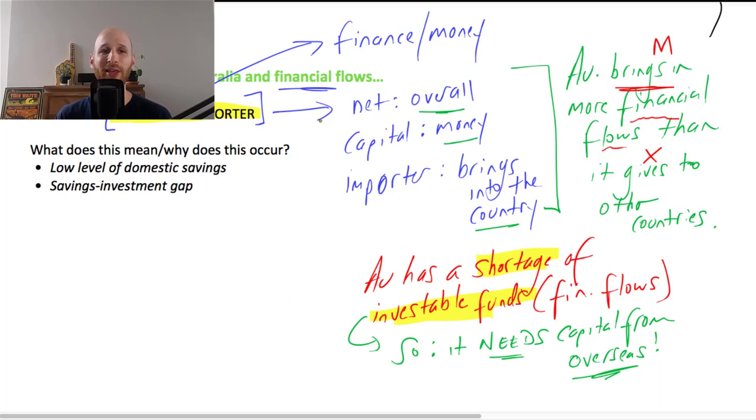So we might then think about, well, why does this occur in Australia? There are two particular reasons we can think about. The first reason is that Australia has a relatively low level of domestic savings. This means that there's not a pool of savings that can then be used for investment.